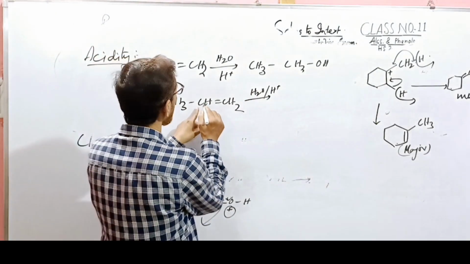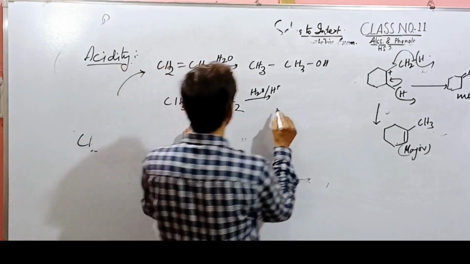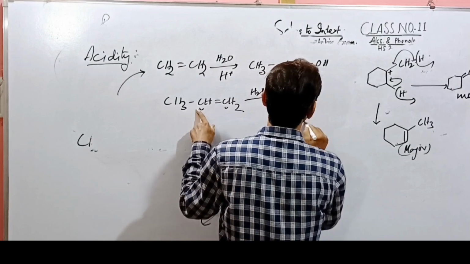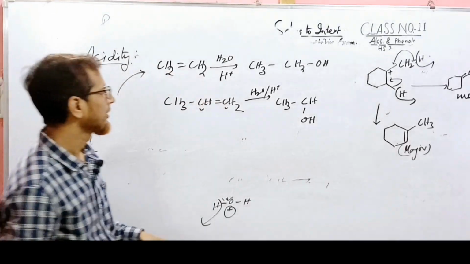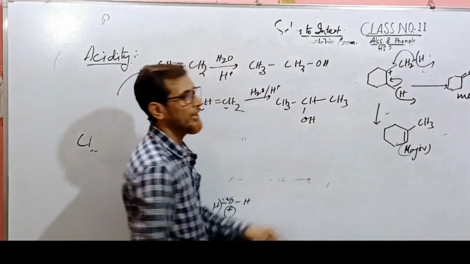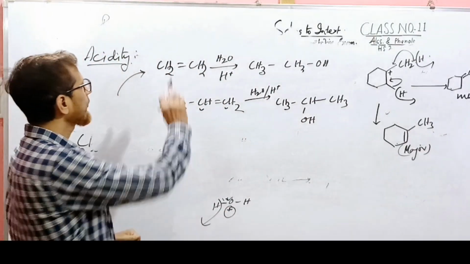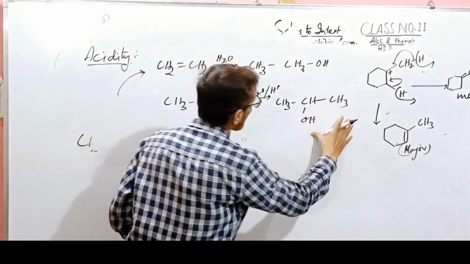According to Markovnikov, the negative part will get attached to that carbon on the double bond which has less number of hydrogen, and the positive part will go to the other side.